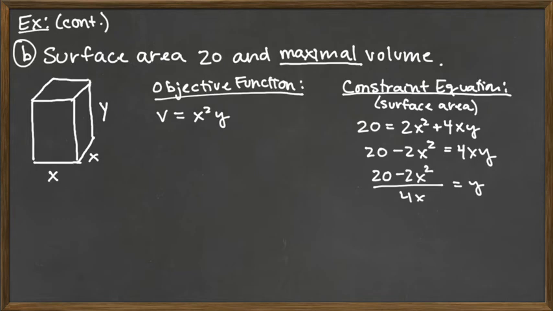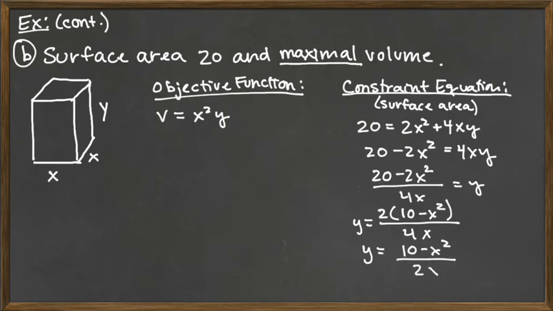Now, right away we see that we can pull out a common factor of 2 on the top, and that would match with a factor of 2 on the bottom. So really what we're doing is dividing top and bottom by 2. So our y then is going to equal 10 minus x squared all over 2x.